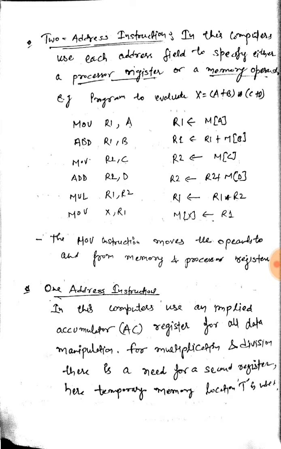The computer uses an implied accumulator register for all data manipulation. For multiplication and division, there is a need for a second register or a temporary location.